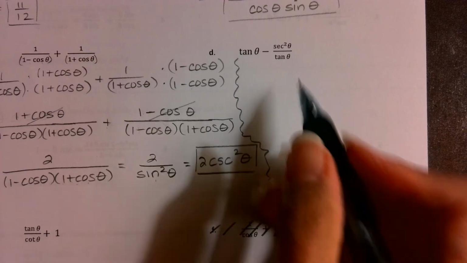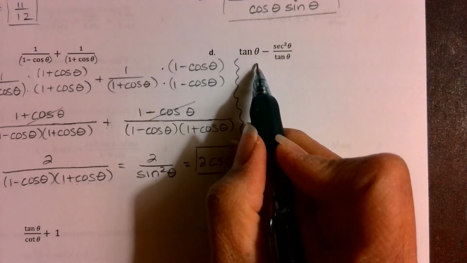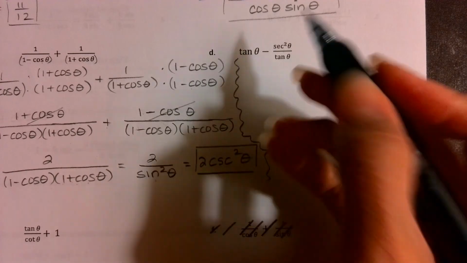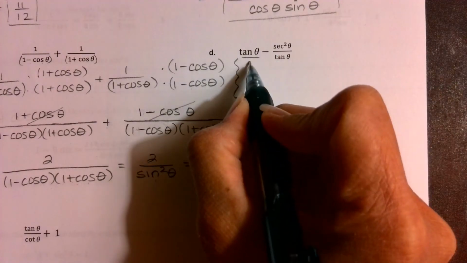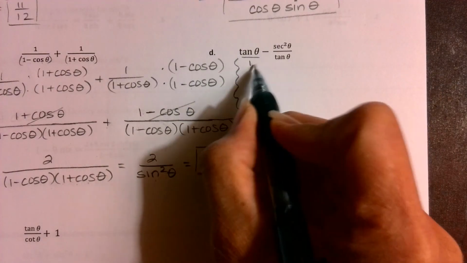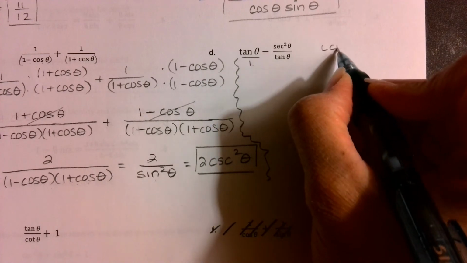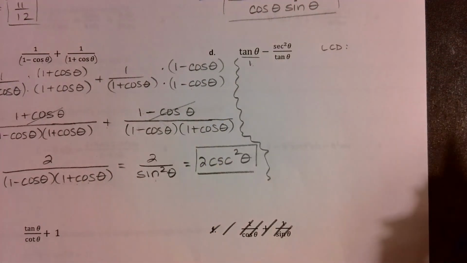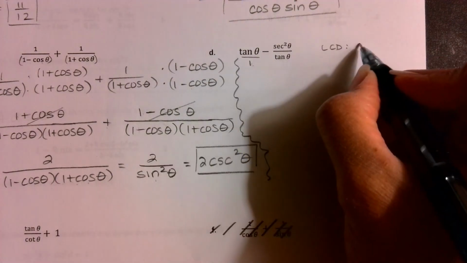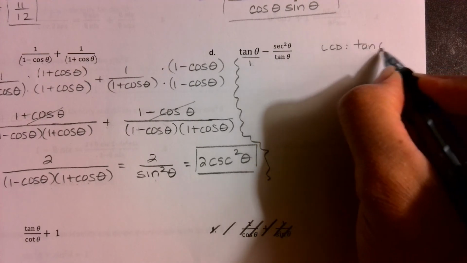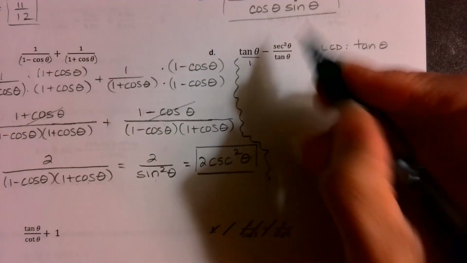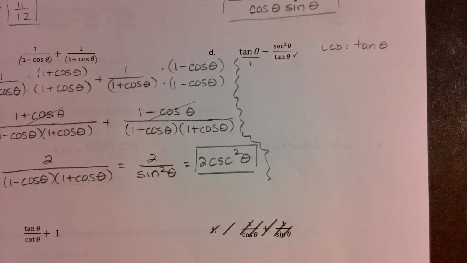Again, fractions that are subtracting need common denominators. This is like saying tangent theta over 1. Our denominators are not the same. So let's get our lowest common denominator to be tangent theta. This one already fulfills it, so we don't even have to worry about doing anything to that second fraction.